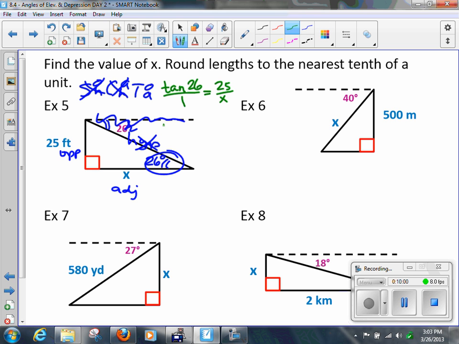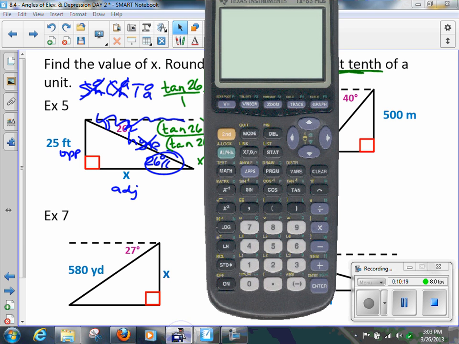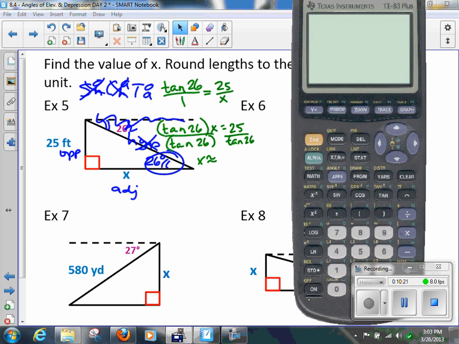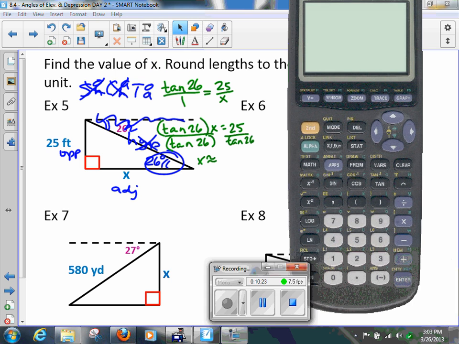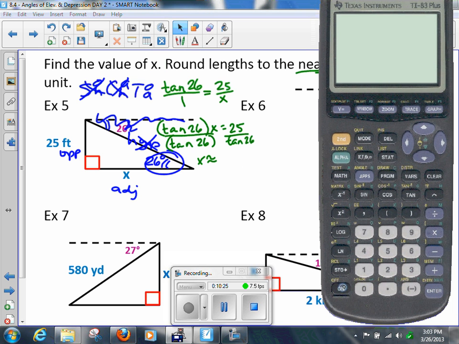This is no different than what we've been doing the whole time. Do you guys agree? And we're going to divide 25 by tangent of 26. Put that in your calculator real fast. It says round to the nearest tenth of a unit. 25 divided by tangent of 26.